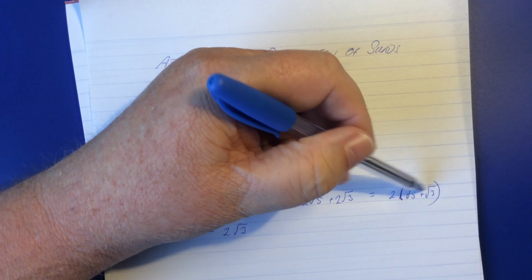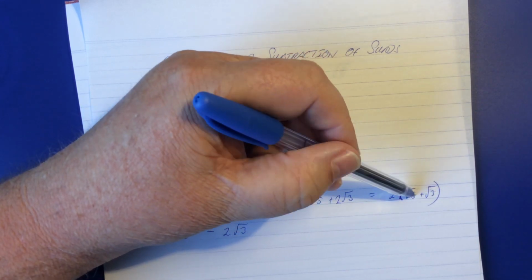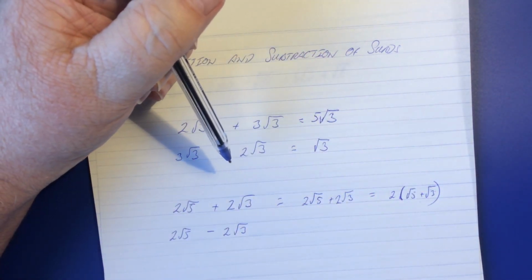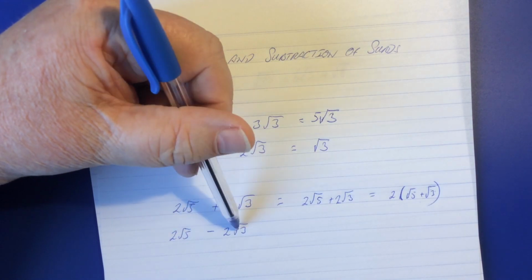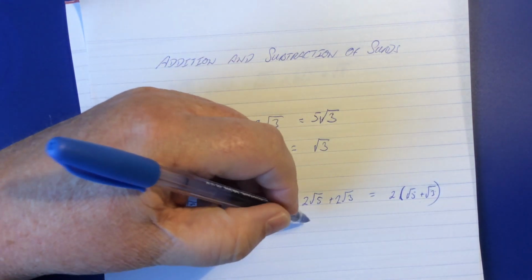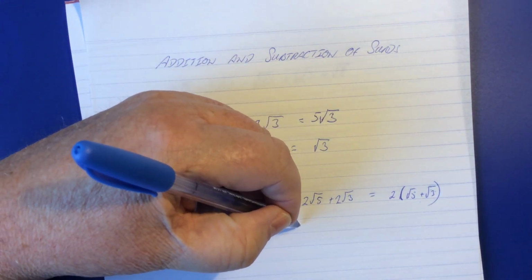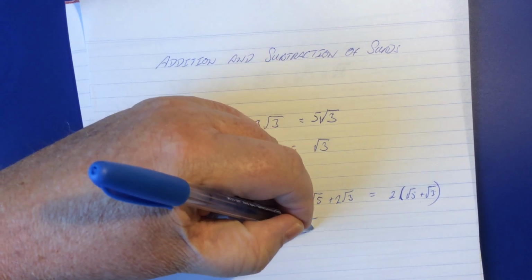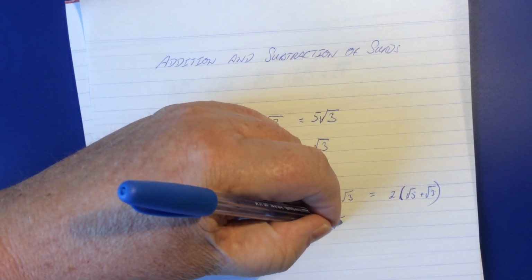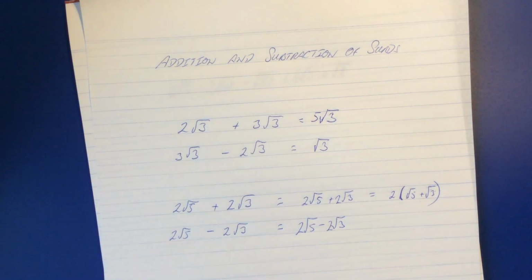Basically, you can't put these together because they're not the same. Same goes for this. So it's going to equal 2 root 5 minus 2 root 3, and so on.